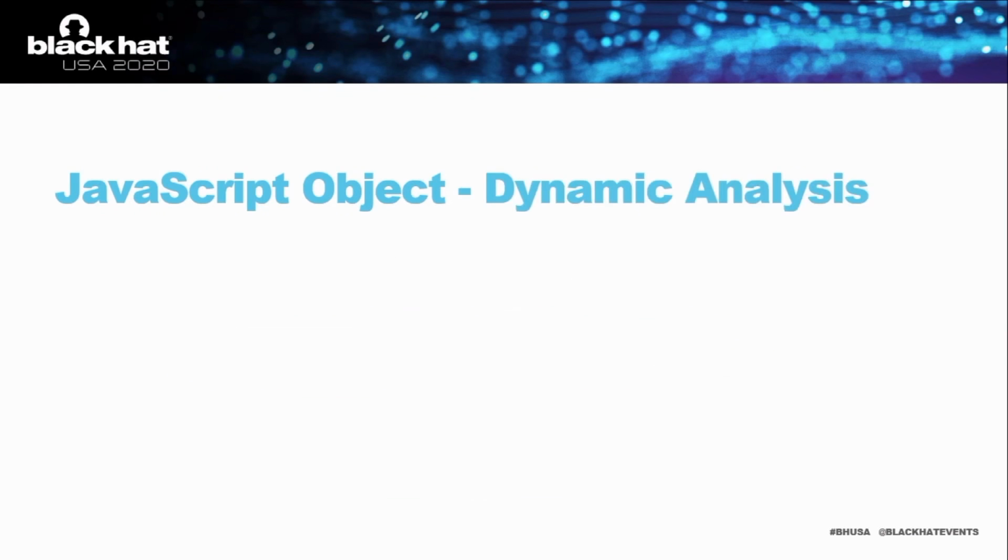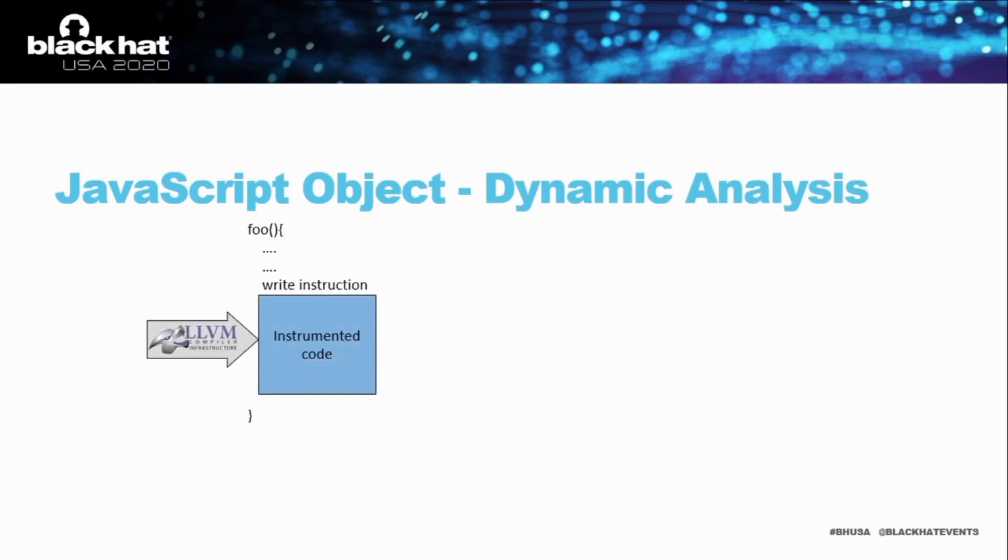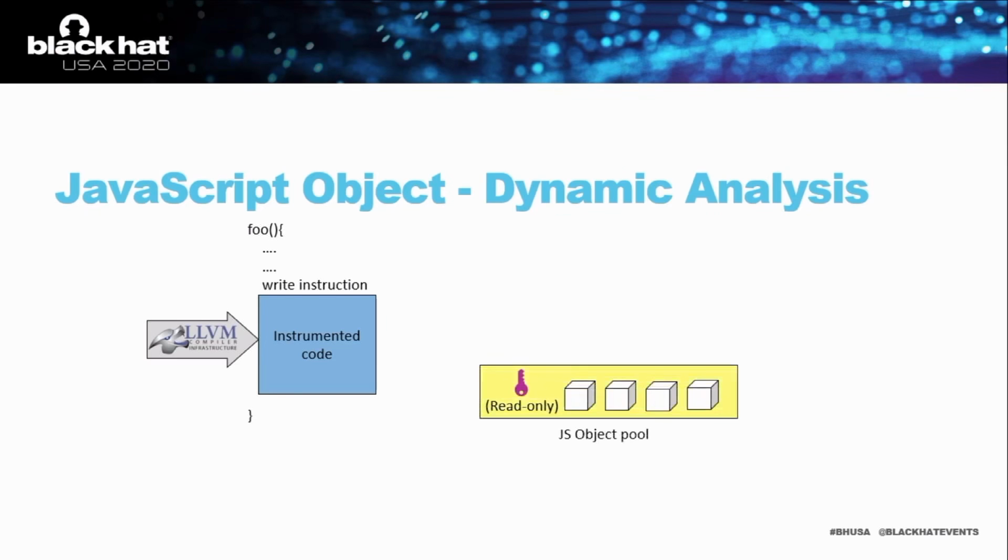The goal of our dynamic analysis is to automatically find all the locations of write instructions involved with JavaScript objects. So we instrument the code for every write instruction using LLVM. After the instrumentation, we run the script engines with a well-chosen input set while making JavaScript objects read-only with an MPK key. When a write instruction tries to write on an object, it will cause a segmentation fault because it's read-only.